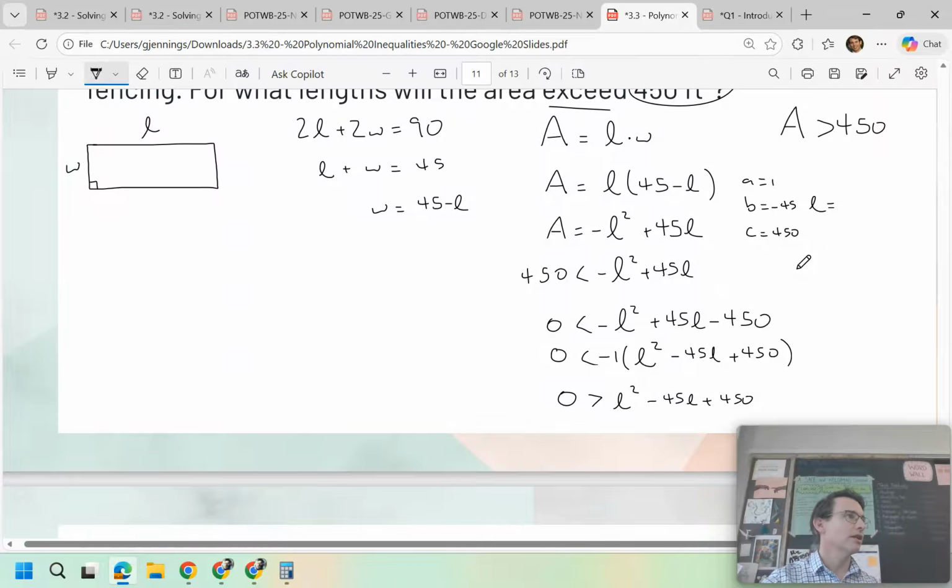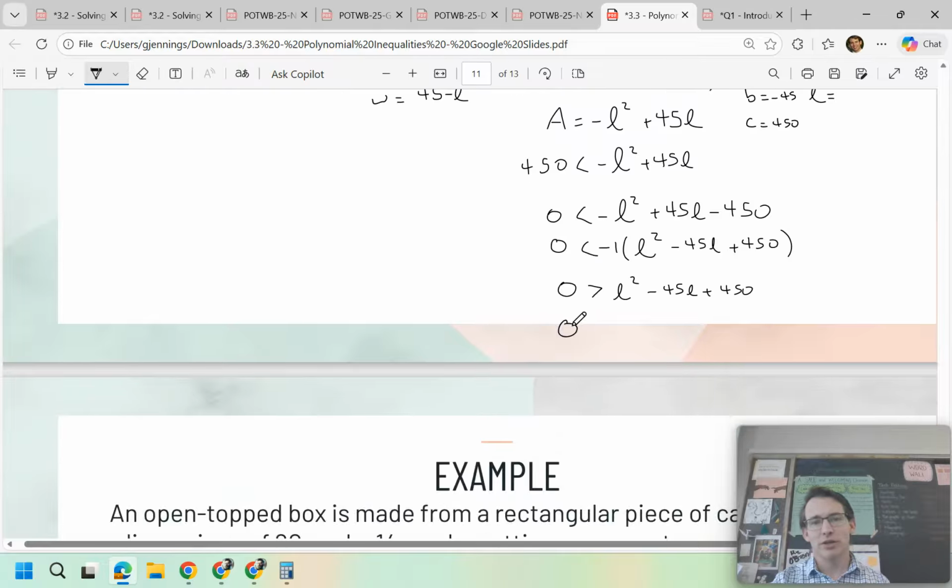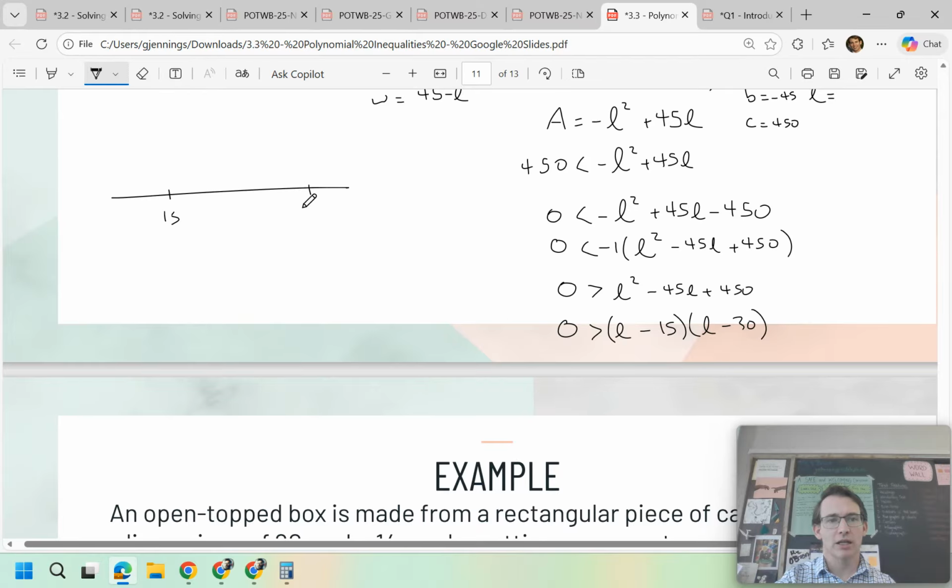Oh, good. Yeah, thanks. That saves me a lot of work. You had it too? Great. Thanks very much. So 0 is less than L minus 15 and L minus 30, they're both negative. Very good. And now we have our number line, 15, 30.